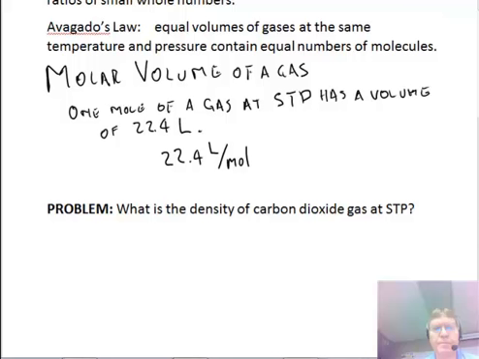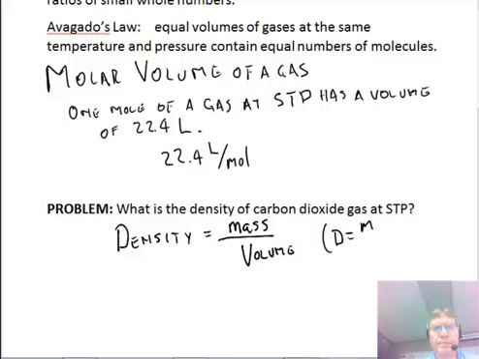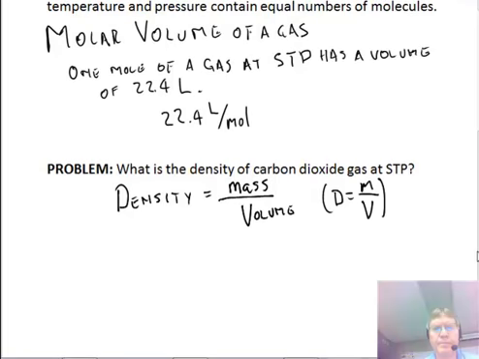If you remember from way back in chapter 2, I think it was, we defined density as mass over volume, or we usually write that as D equals M over V. And so we know the mass of 1 mole of carbon dioxide, and that is 44.0095. Now that's grams per mole.